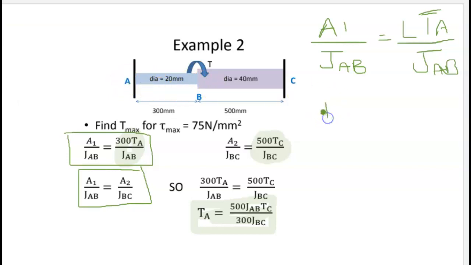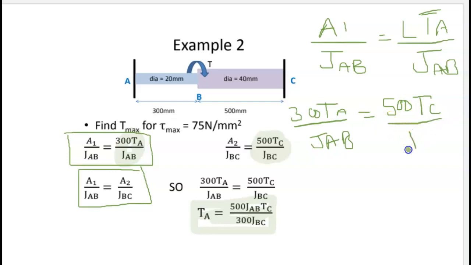So I can do this one, TA over JAB with 300 there equals 500 torque at C divided by JBC. Now they're different, I need to make this thing the subject. If I'm making this thing the subject, I cannot move that one, but everything else I can move.